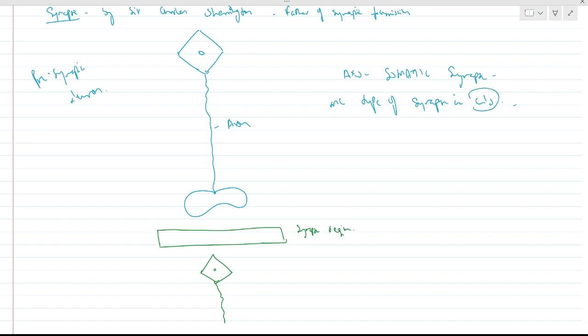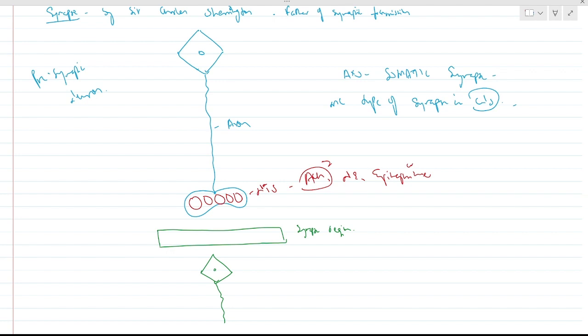So in this axon terminal, we have our neurotransmitters in the vesicles, such as acetylcholine, norepinephrine, epinephrine, and so on. It's not our discussion here; we'll discuss further in the neurotransmitter section, but the most common is acetylcholine.